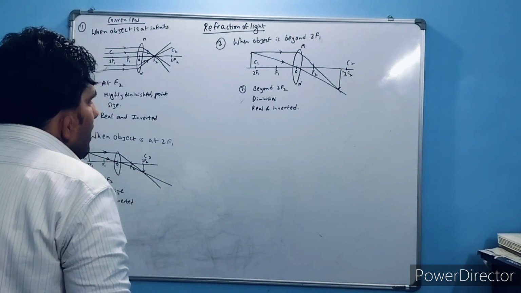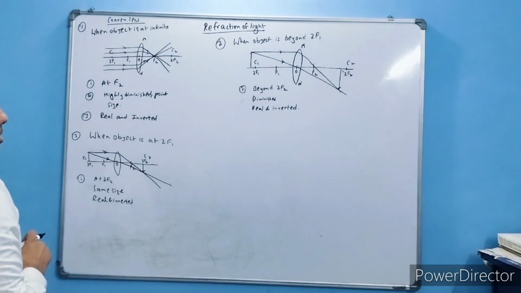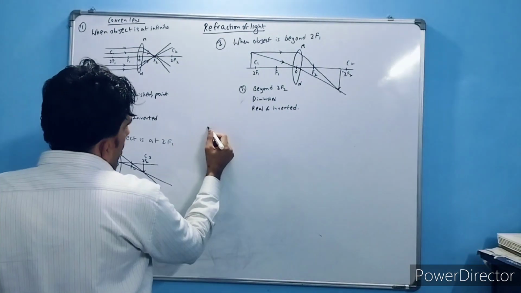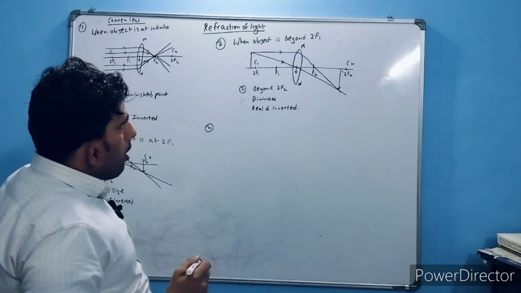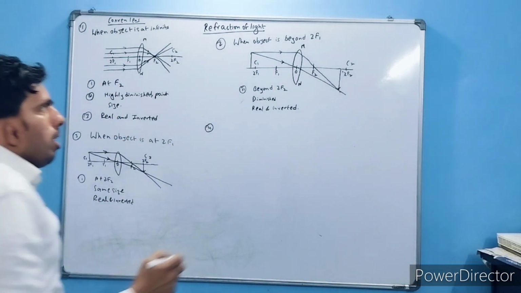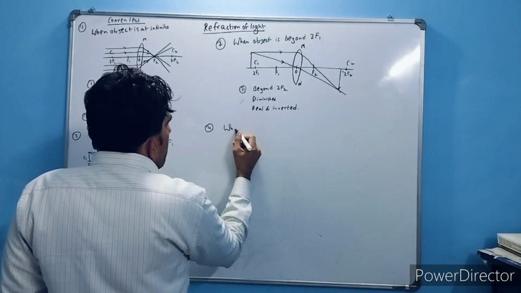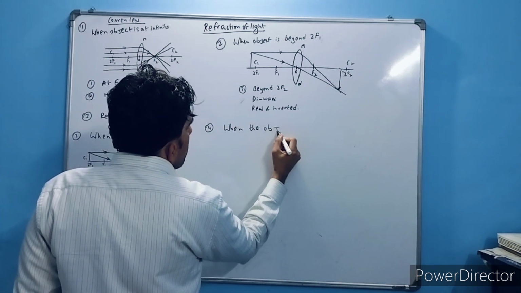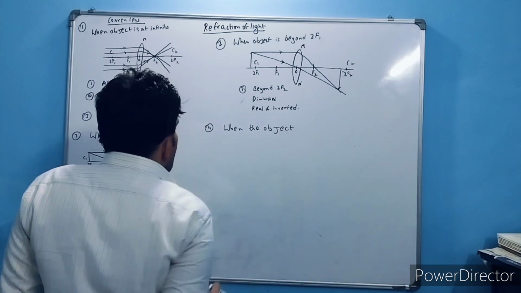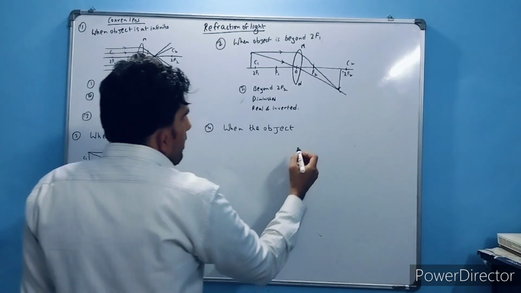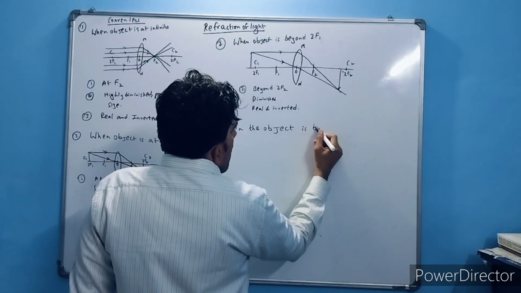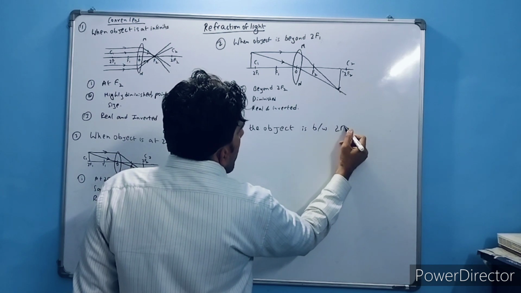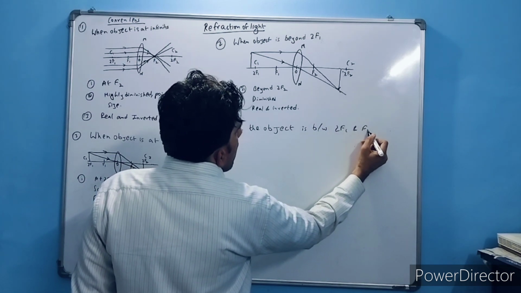Now the next thing will be the fourth option. What will be the fourth option we have? When the object is between twice of F1 and F1.